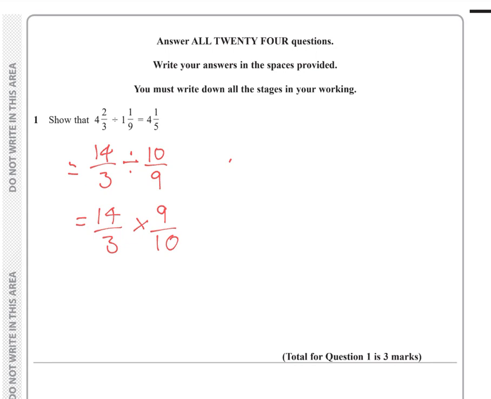And so when I do that, on the top I get 9 times 14, which is 126, over 10 times 3, which is 30. And then I've got to try and cancel that down. So that's going to divide by 3.